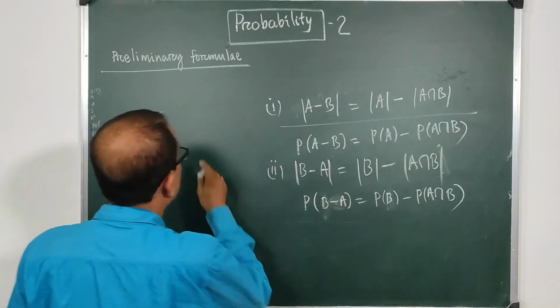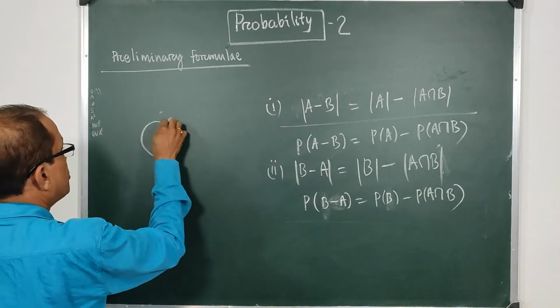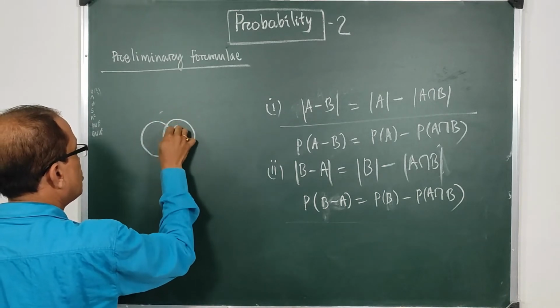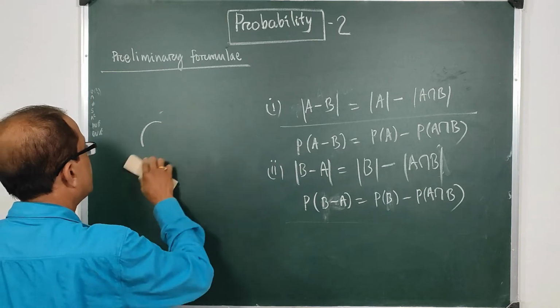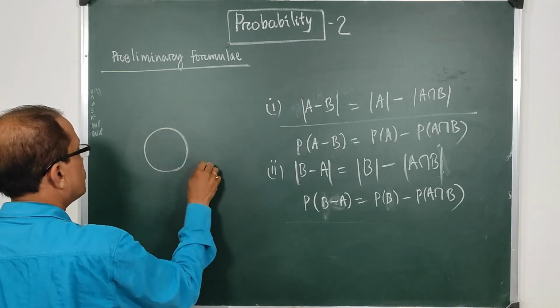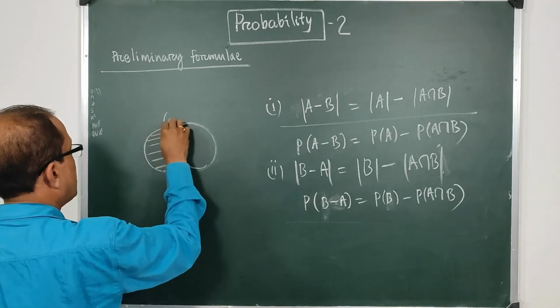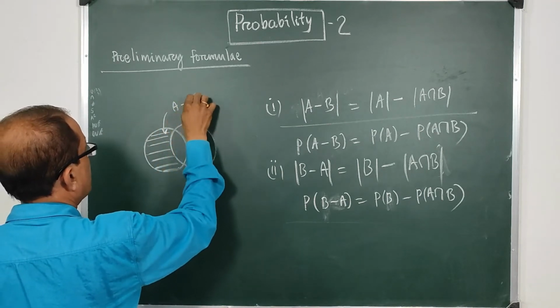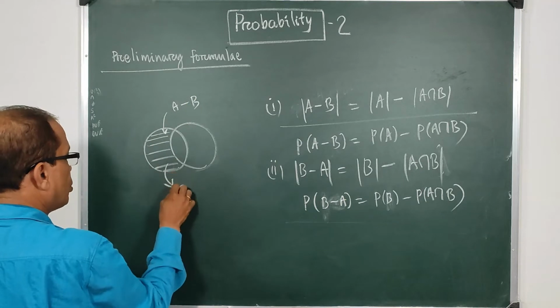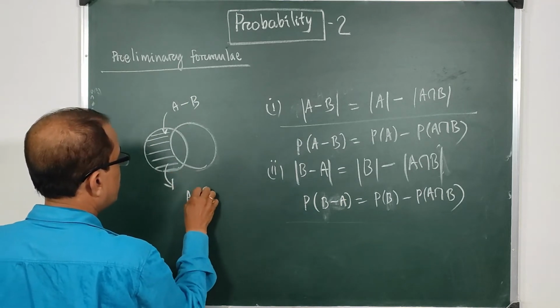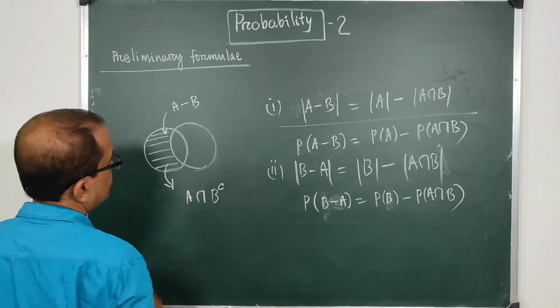And when we talk of this thing, this area is known as A minus B. This area is also known as A intersection BC.